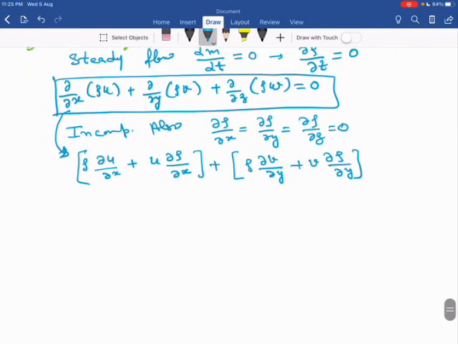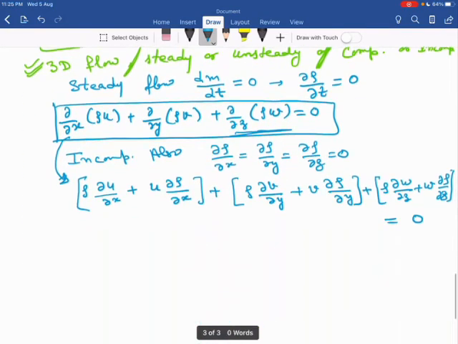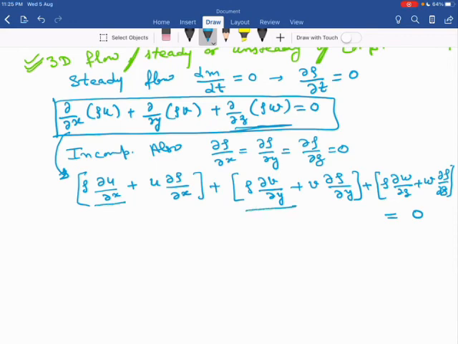Similarly, the third term, I write with rho first: ρ ∂w/∂z plus w ∂ρ/∂z equal to 0. Now I combine the density terms in one bracket and remaining terms in another bracket.